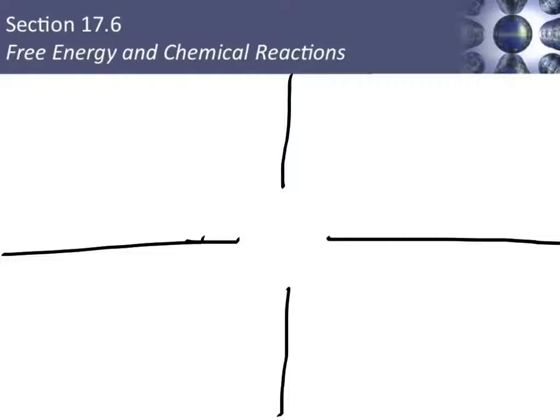I'm going to put a big 4 square, and in the middle of this 4 square, we are going to put the following: at what temps is delta G negative? So where do we get to be spontaneous?